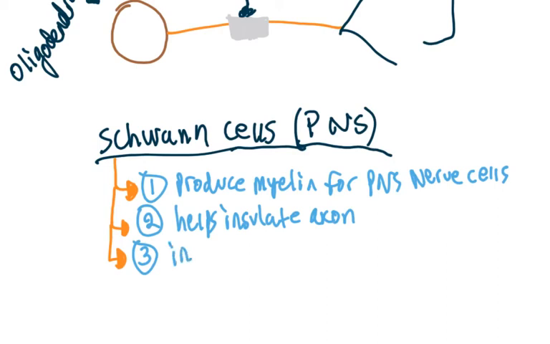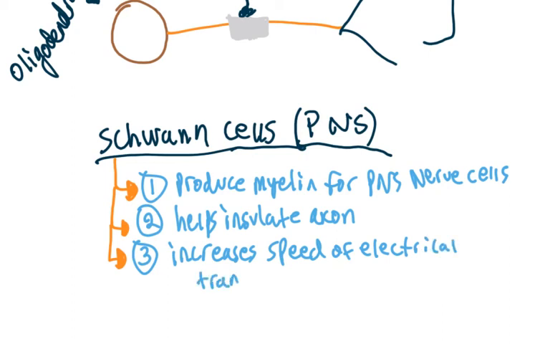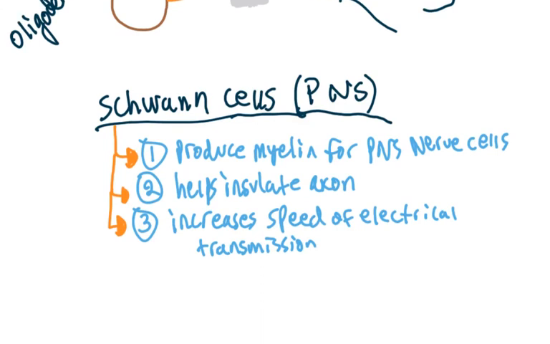So it increases the speed of electrical transmission. I mean, the myelin increases the speed of electrical transmission. However, the Schwann cells are the ones producing the myelin. So technically, the Schwann cells also help increase the speed of electrical transmission throughout the axon.